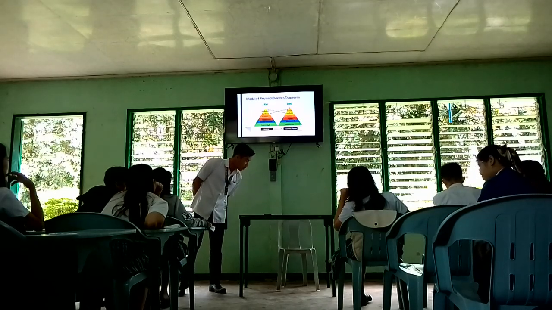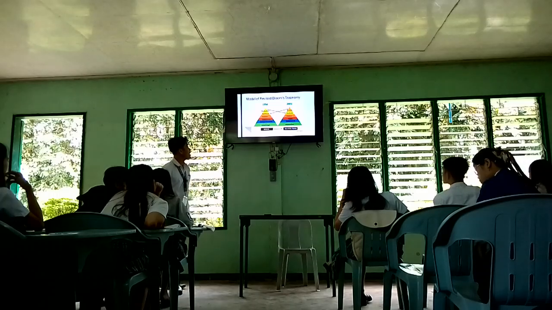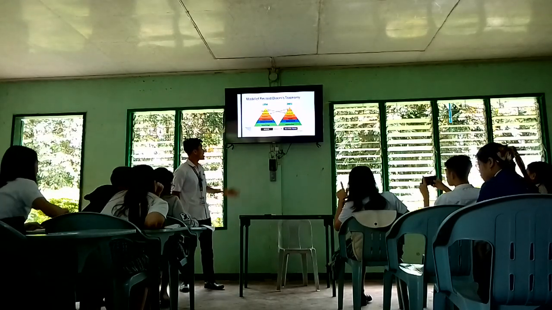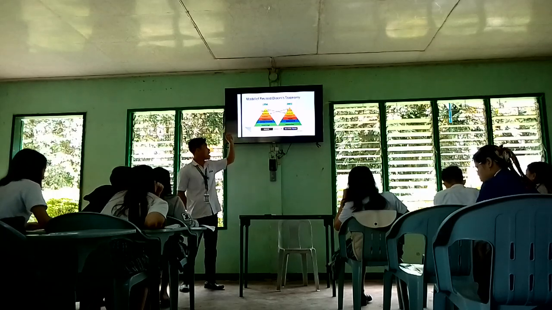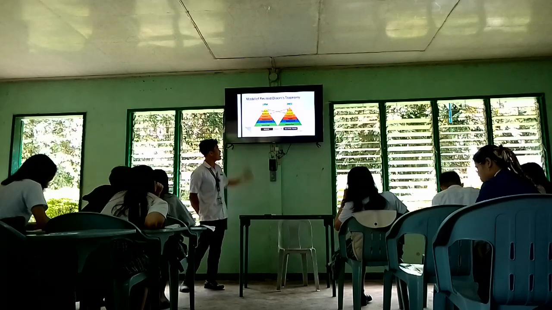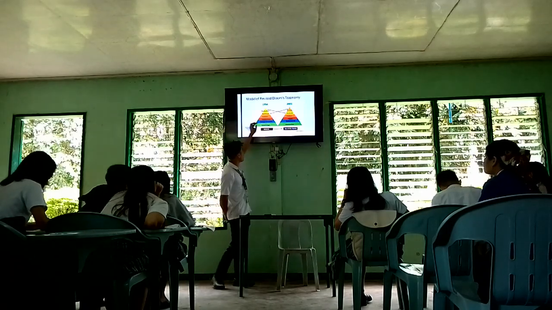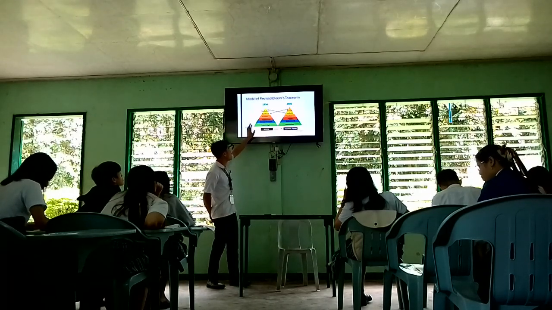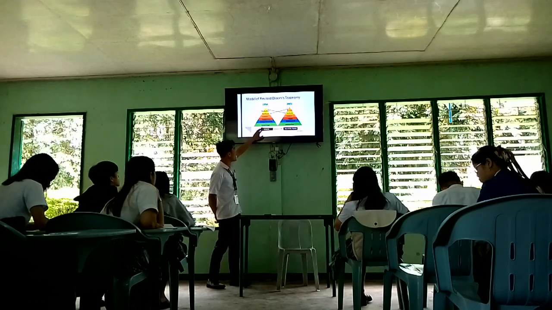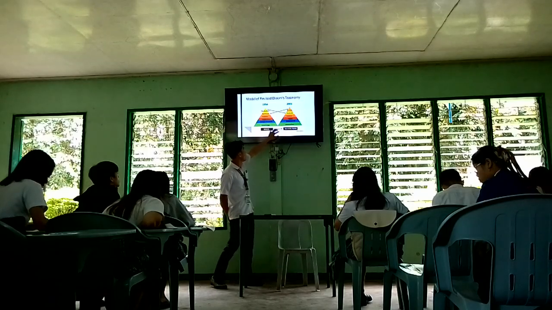So, ito yung model ng revised Bloom's taxonomy. The model of Bloom's revised taxonomy is ordered from the lower order thinking skills into the higher. So, first, ito yung Bloom's taxonomy ng 1956, which is revised here from noun to verb form.